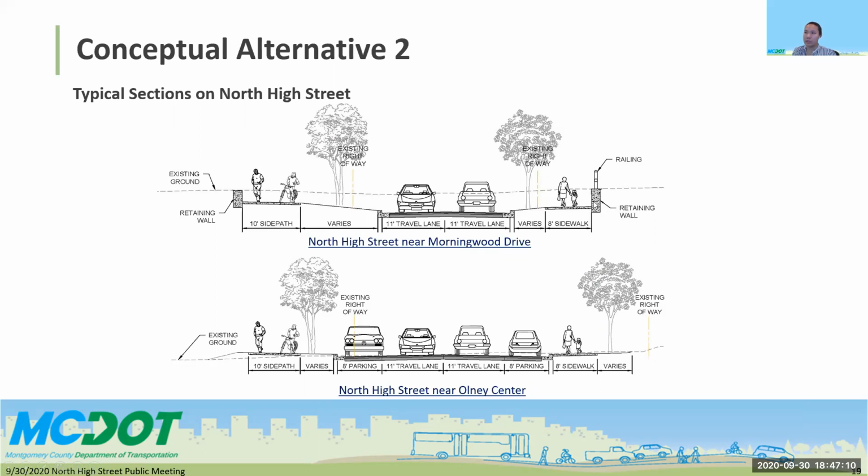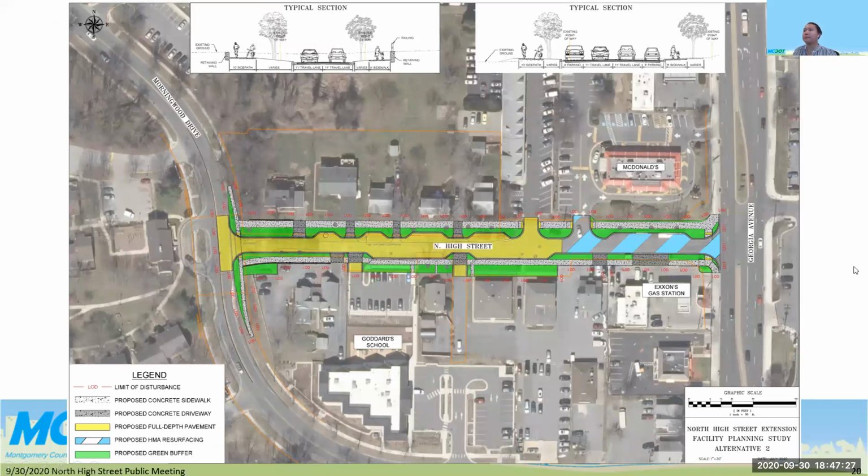And then this is the area near Morningwood Drive. As we move closer to the east, towards the shopping center, we're proposing adding 8-foot parking on both sides of the street. And again, this is the plan view of what I've just described.